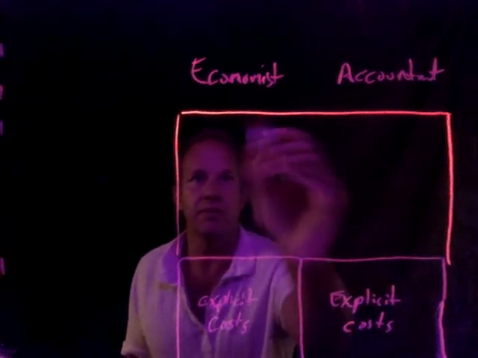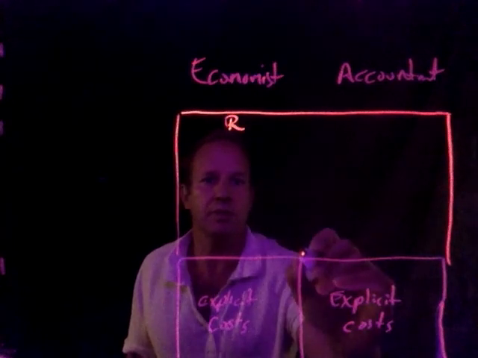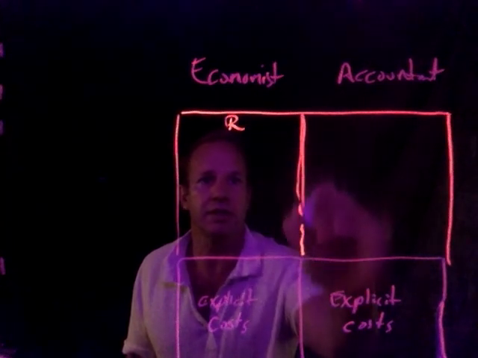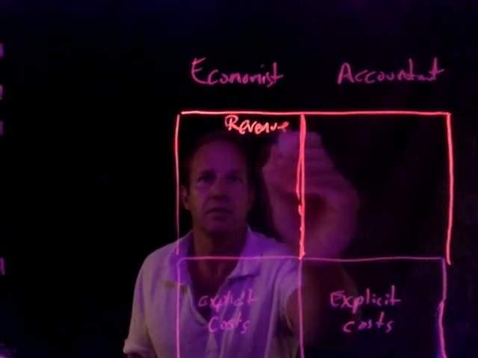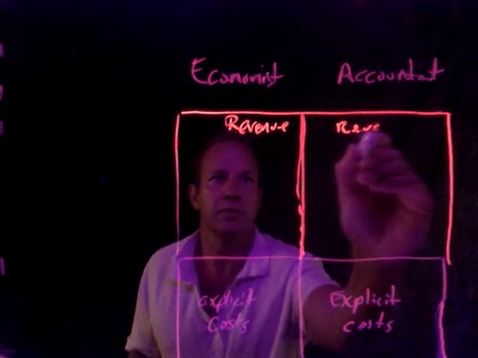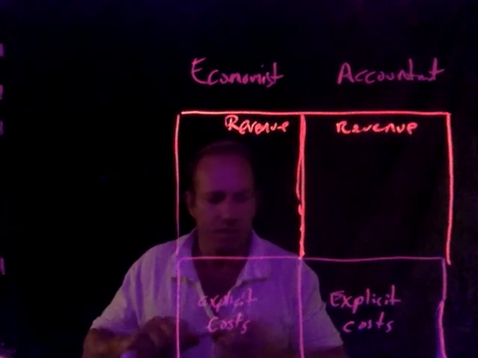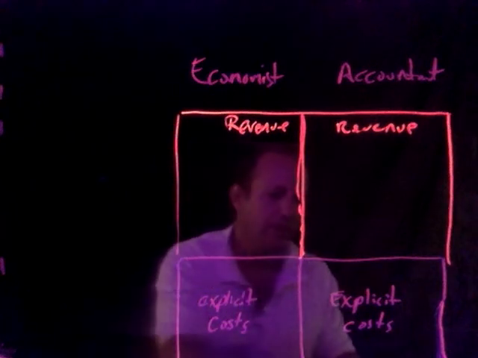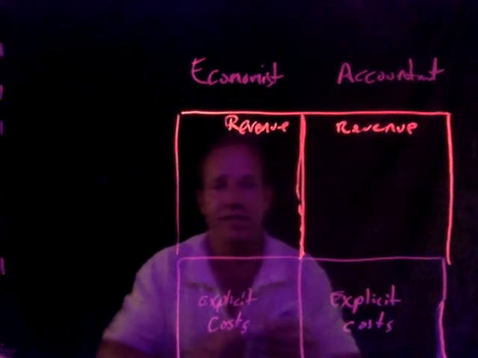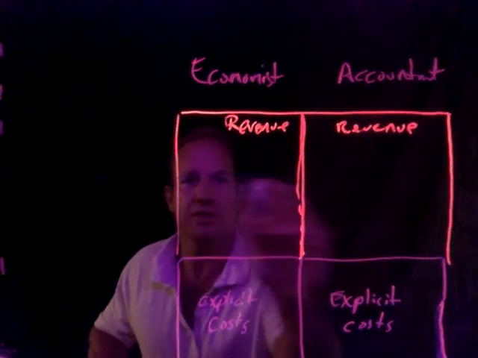This big box that I just created being revenue, and we can separate them along the line of the accountant and the economist. They both see that the same, but the thing that the dismal scientist sees that the accountant doesn't see is implicit costs. It's another form of cost.